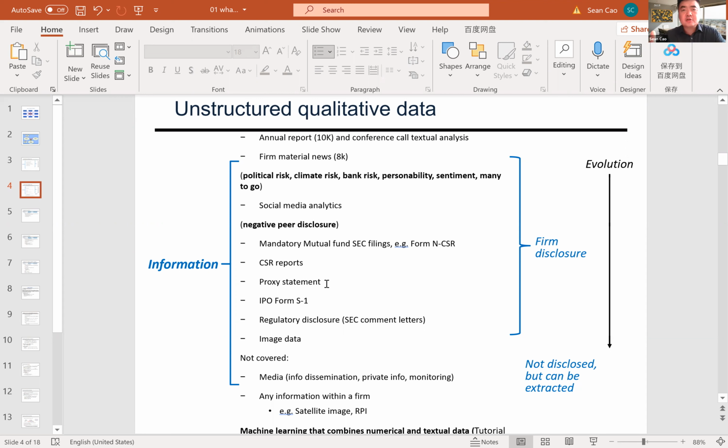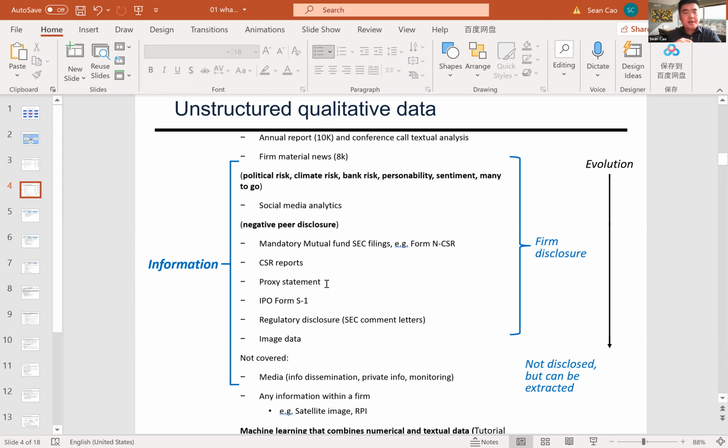And the SEC comment letter is also important data. So what's an SEC comment letter about? This is an SEC inquiry of a firm. For example, if I'm Apple, I always use Apple as an example, just for convenience. If I did something wrong, and the SEC is suspicious about my activity, the SEC will send a comment letter to Apple, asking, hey Apple, what are you doing?